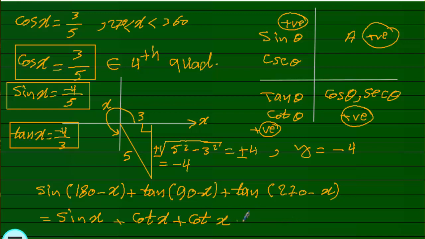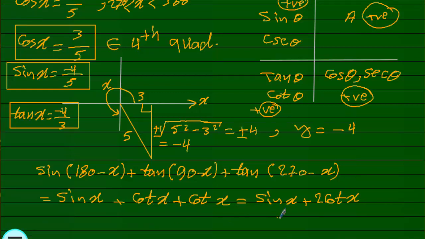So we have sine x plus 2 cotan x equals, what is the value of sine x? Sine x equals negative 4 over 5 plus 2 multiplied by cotan x. We have tan x equals negative 4 over 3, so cotan equals negative 3 over 4. It is the reciprocal.